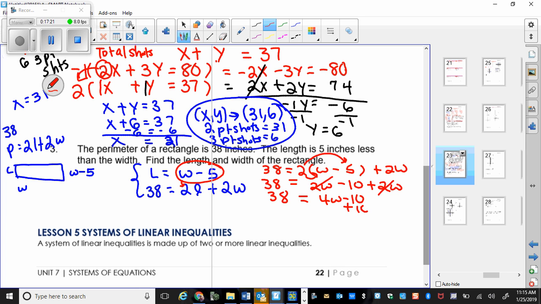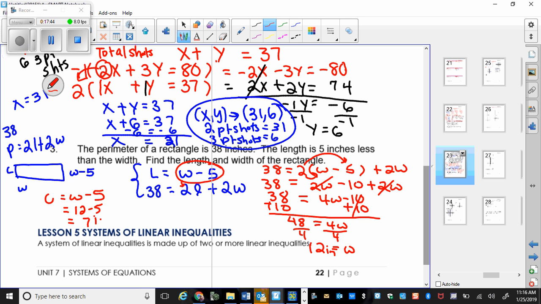Add 10 to both sides, and 4W equals 48. Divide both sides by 4, and my width is 12 inches. Now I need my length. Length equals W minus 5, or 12 minus 5, which equals 7 inches.